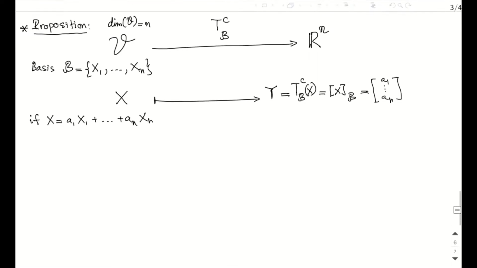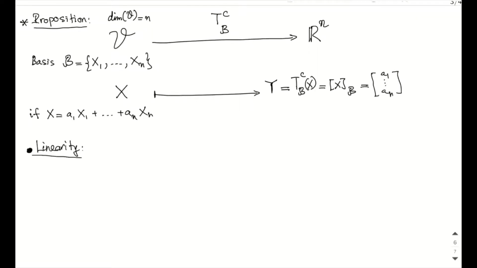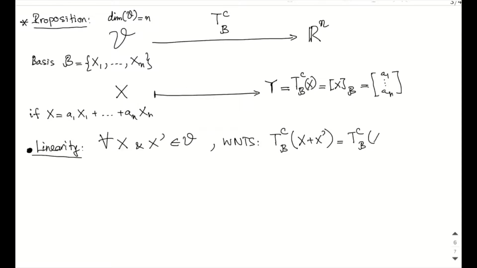Now we are going to prove the linearity. If we want to prove the linearity, we have to first prove that T preserves the addition in V, right? So for any arbitrarily chosen vectors x and x prime in V, we need to show that T_CB of the sum x plus x prime equals T_CB of x plus T_CB of x prime.